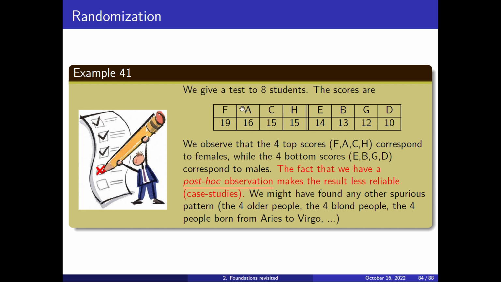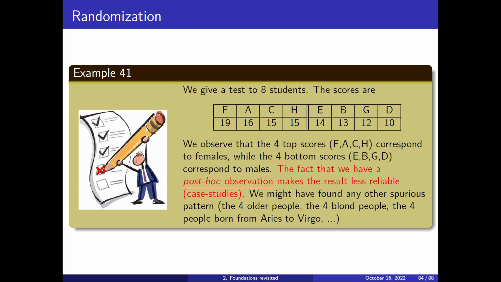You measure many characteristics, and maybe what you find is that these 4 people are older, so maybe being born earlier in the year, they are about 6 months older than the other people in the same course, and then these 6 months make a difference.